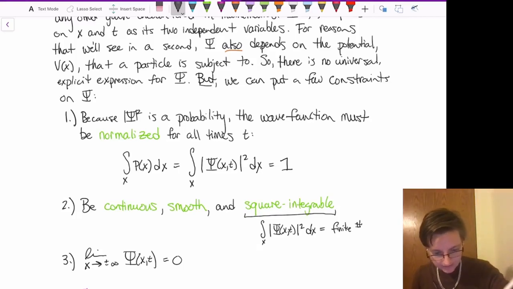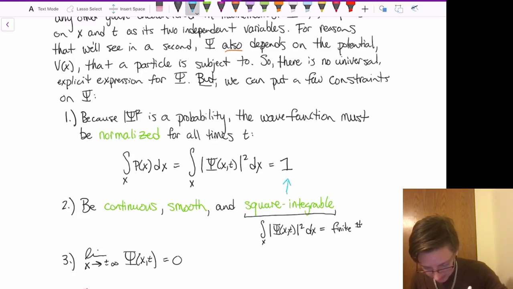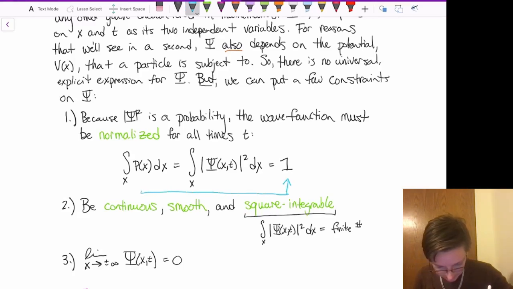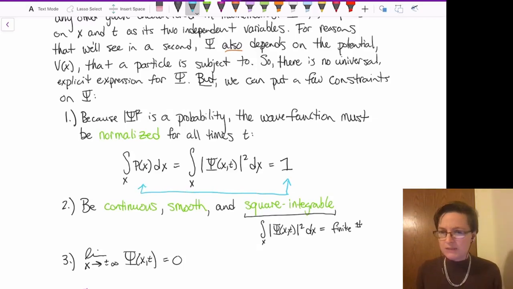So from lecture 1, you'll remember that for a set of probabilities that encompasses all possible things that could happen, the sum of p of x, or for a continuous function, the integral of p of x dx, has to equal 1.